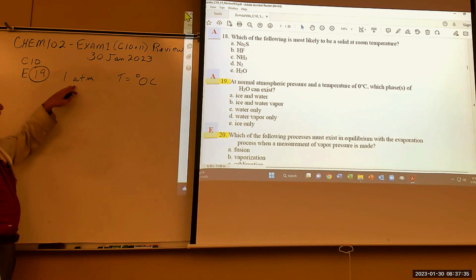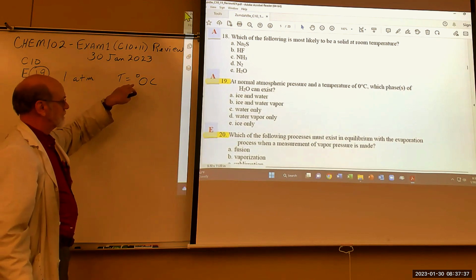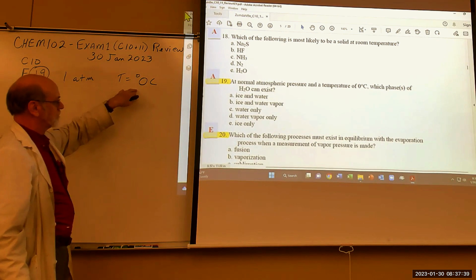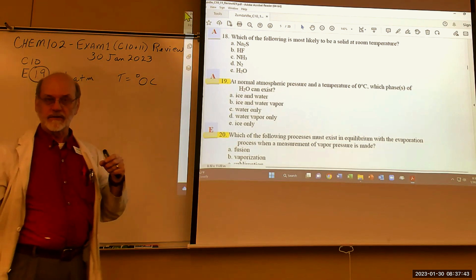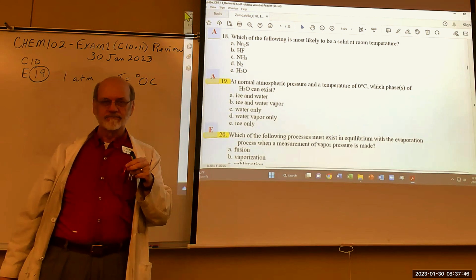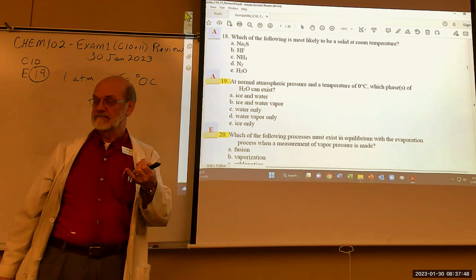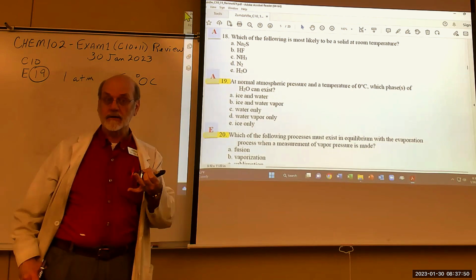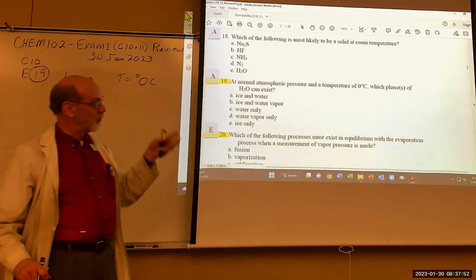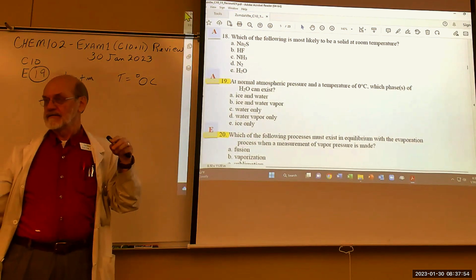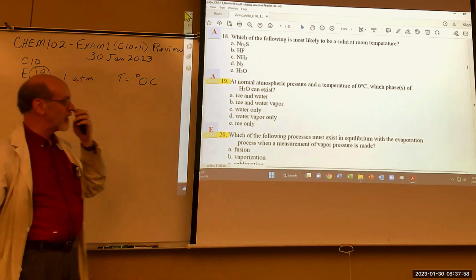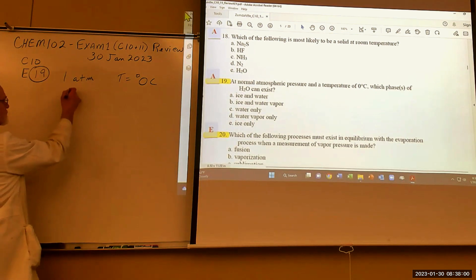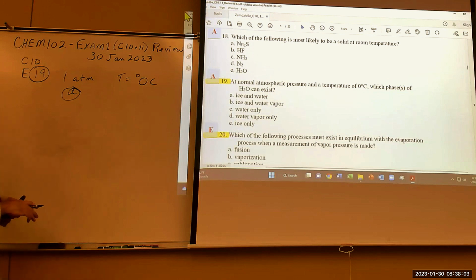It's 1 atmosphere pressure and 0 degrees. What can happen? What can exist at that temperature? Ice, right? And liquid water. If we were above or below, then you'd have one or the other. But right on that temperature, you got both of them, ice and water. So that's why A is the answer.